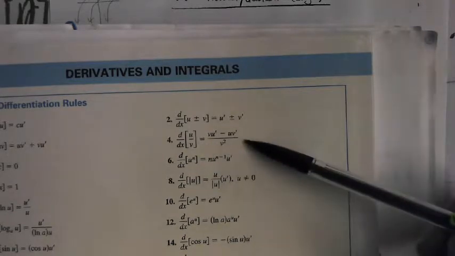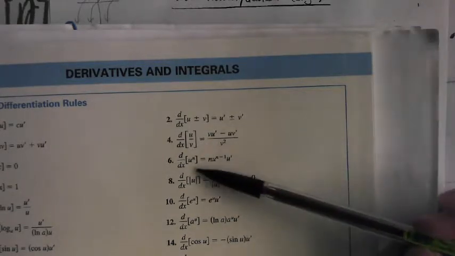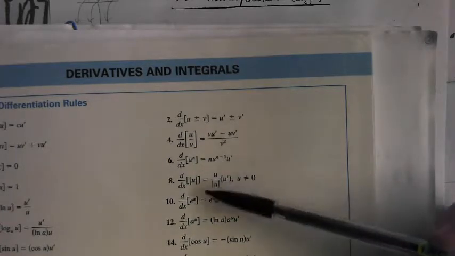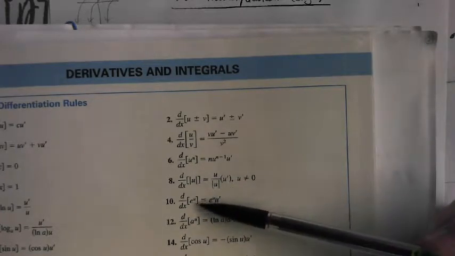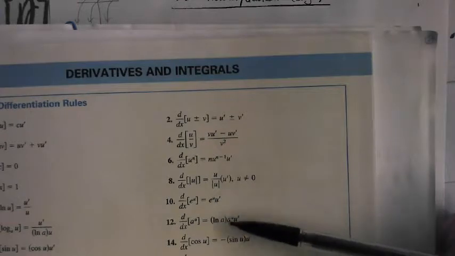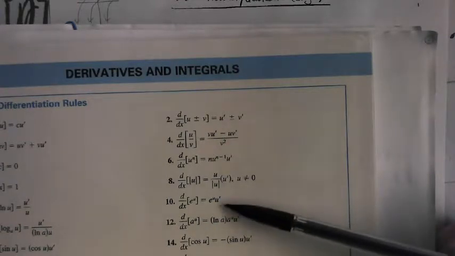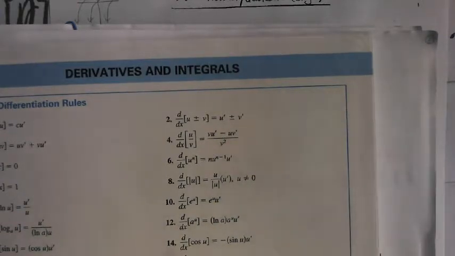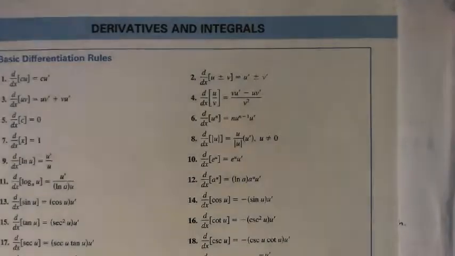Here's your quotient rule. Here's your power rule. We haven't done absolute value. Here's your e to the x is e to the x. Again, we'll talk about this additional u prime shortly. Derivative of cosine. So there are a boatload of rules that we'll continue to thread into this.